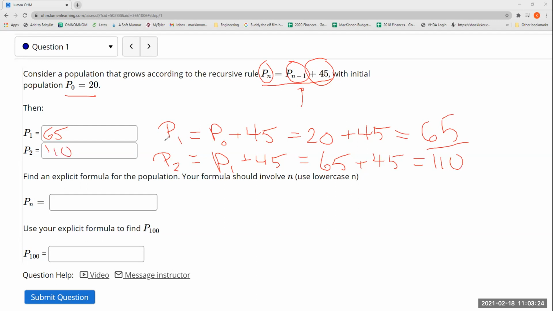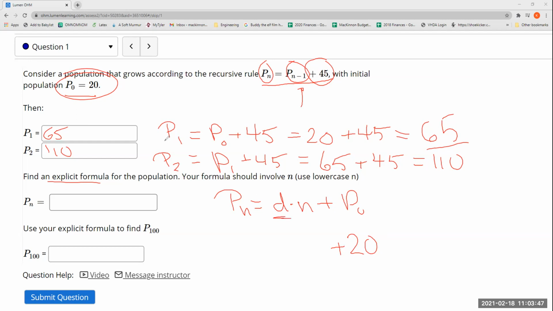Now, for the explicit formula, recall that the explicit formula is this guy, d times n plus P0. Well, the good news is we already know what P0 is because it gave it to us. That's 20. And then the d value, that's our constant difference.